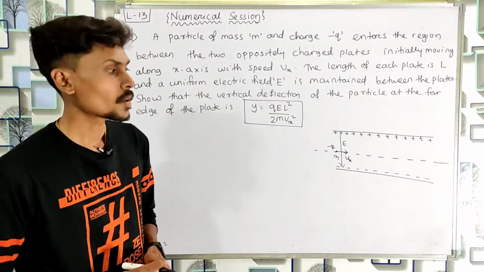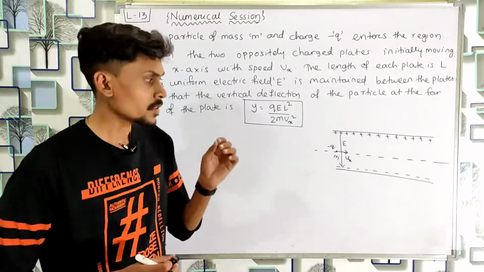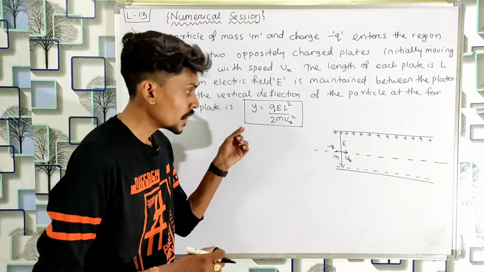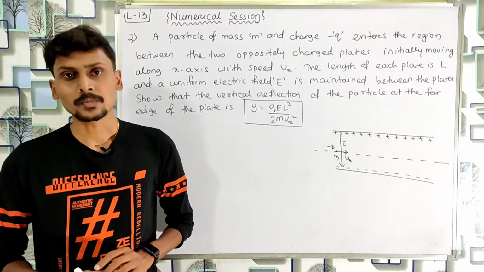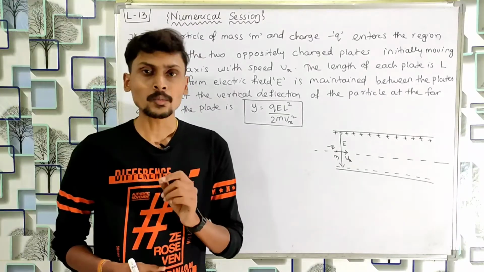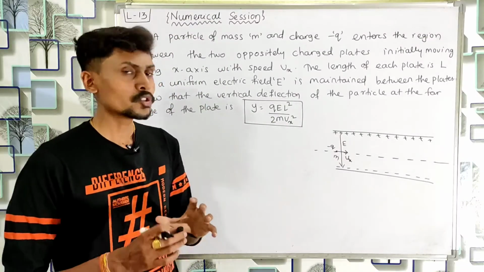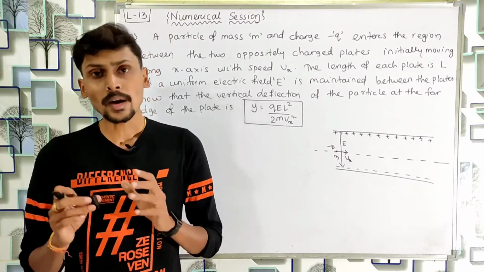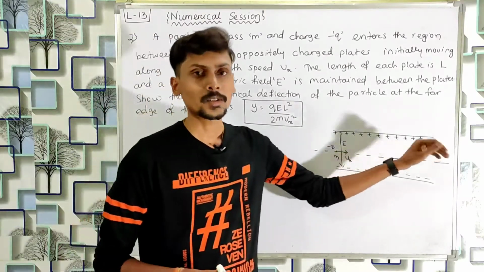Is that clear? So there will be two types of motion. When the charged particle enters inside the electric field, there will be two types of motion. The first one is horizontal motion, which is uniform, because there is no force or there is no acceleration acting on the charged particle along x-axis.